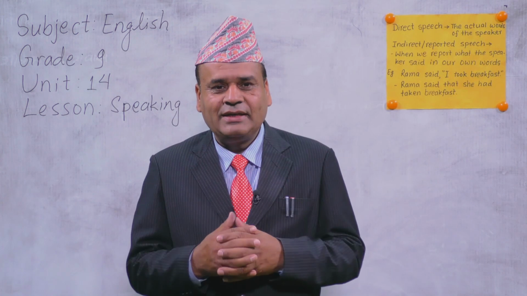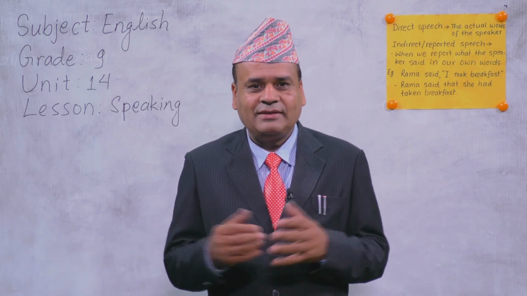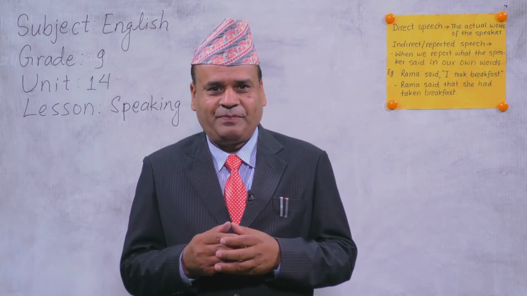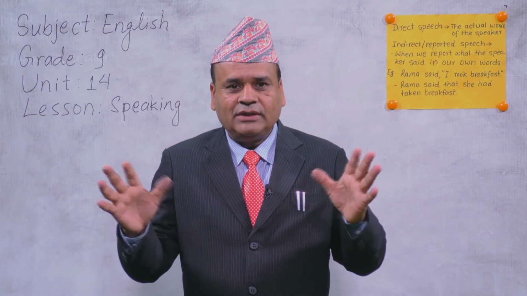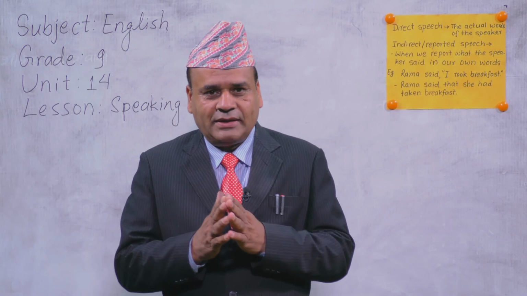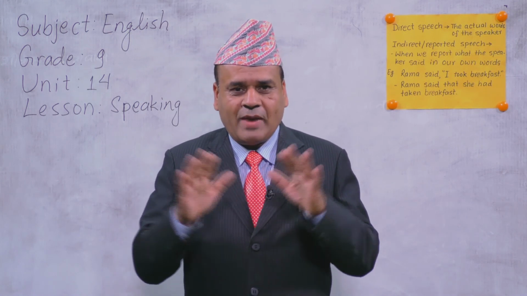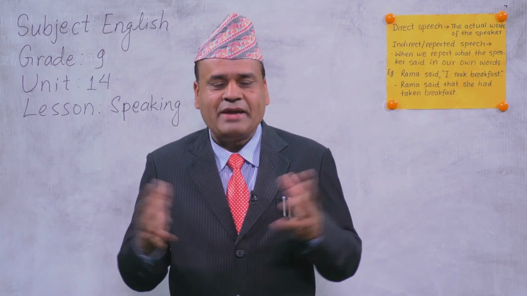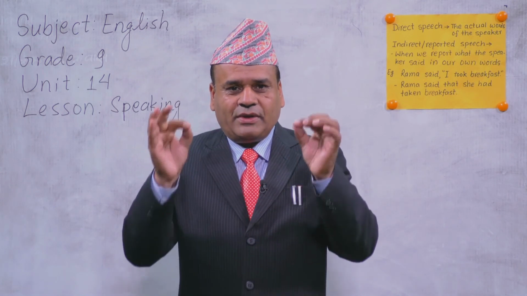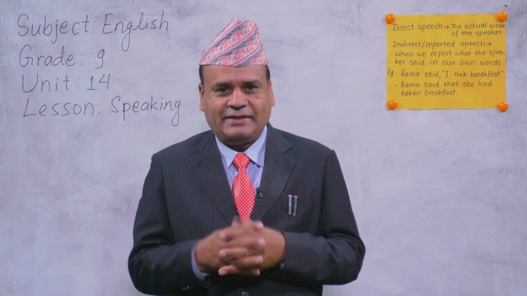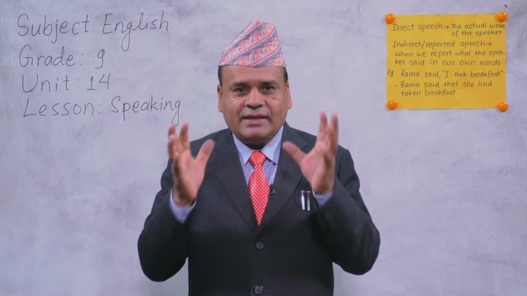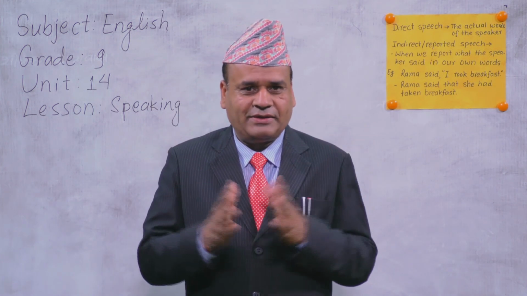Unit 14 is related with direct and indirect speech. So we know that there are two kinds of speeches. One is direct and another is indirect. The speaker's exact words, exact sentences, what the speaker has said, that is direct.